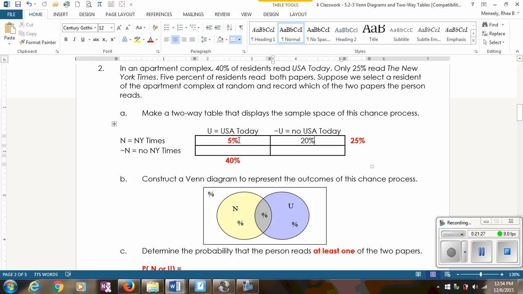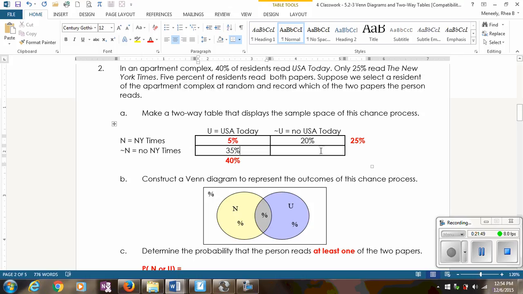Well, if I know that 5% read both newspapers, then I'm sorry, 5% read both and 35% read just the USA Today and not New York Times.